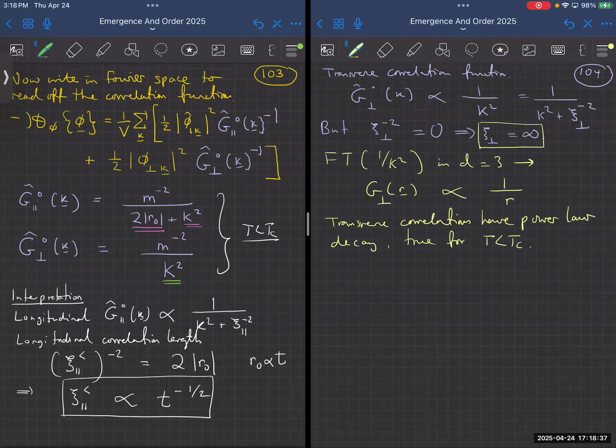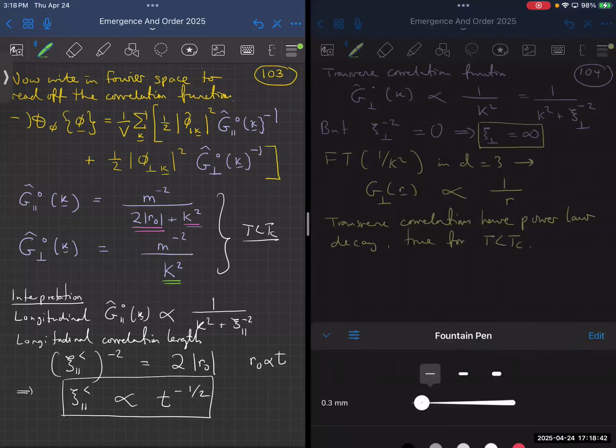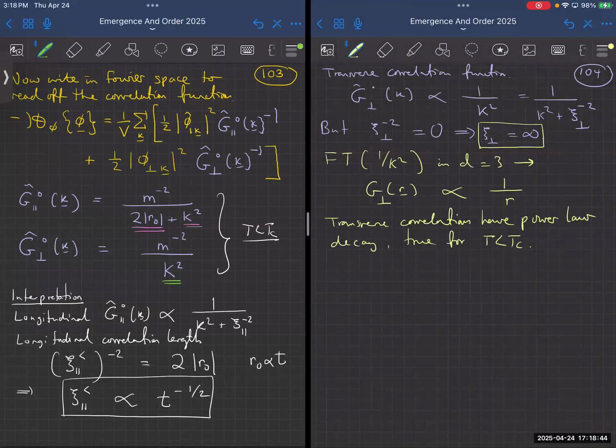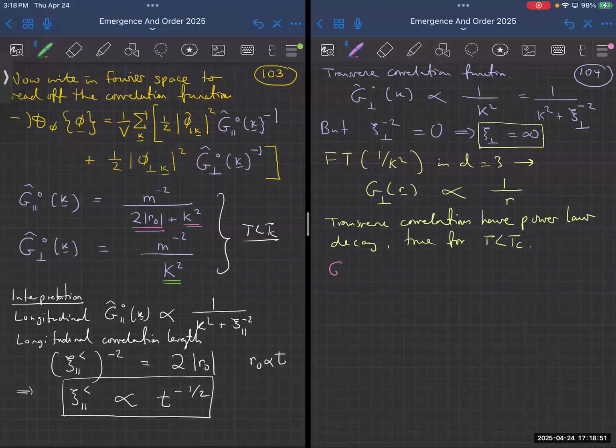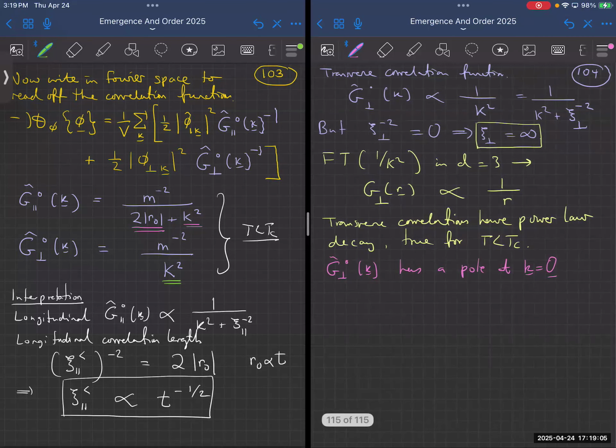So the transverse correlations have power law decay, and so we can say that the transverse correlation function g perpendicular of k has a pole at k equals 0, and this pole corresponds to the Goldstone mode.